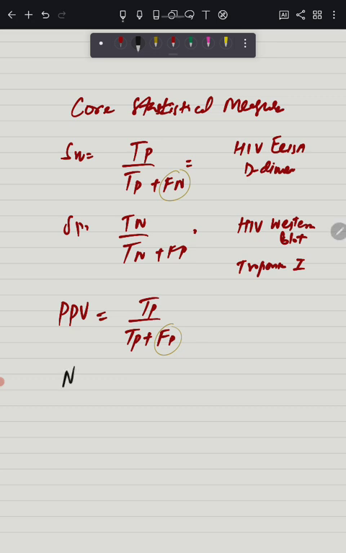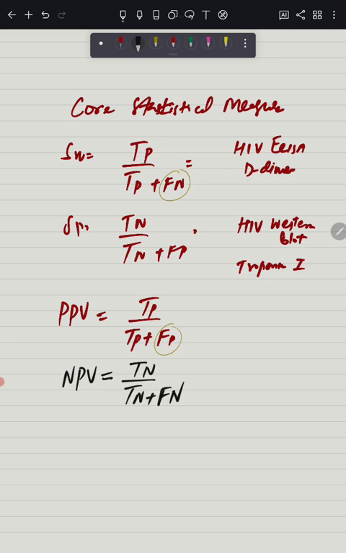Whereas negative predictive value, its definition is the probability that a person with a negative test actually does not have the disease. The formula is true negative upon true negative plus false negative.